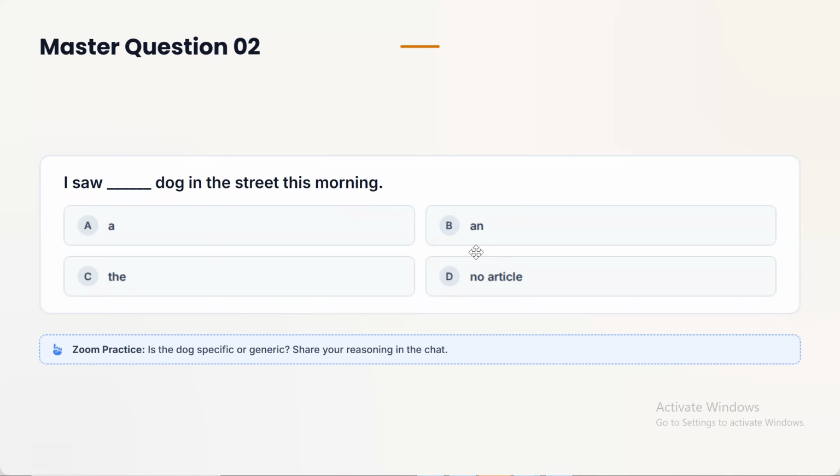This is just a random dog barking. So that will take on a. As you can hear, it's a consonant sound.